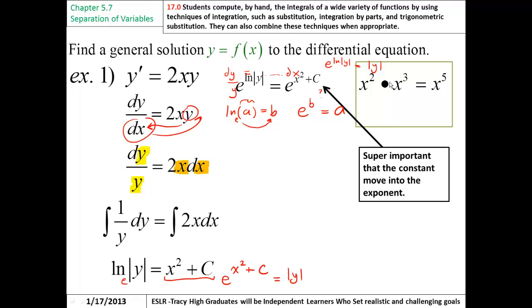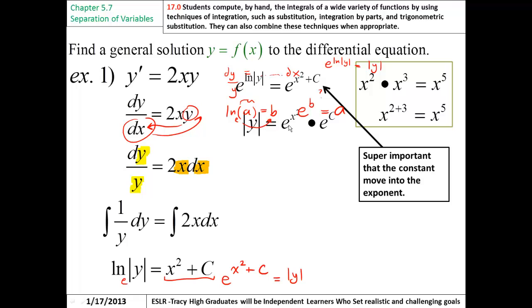All right, we all know from Algebra 1 or 7th grade or something that x squared times x cubed is x to the 5th. And what you're doing is adding those exponents. And so as a result, e to the x squared plus c, all in that power, has to be equal to e to the x squared times e to the c.